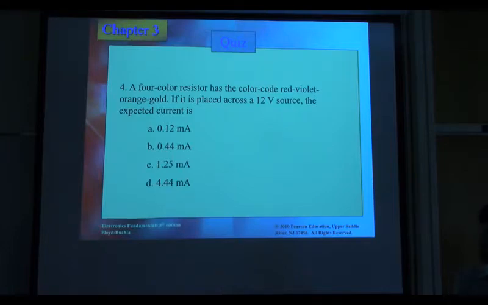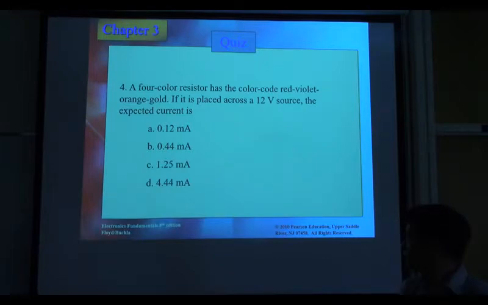So the resistance equals 27000, 27K. We are looking for current. We know the resistance, we know the voltage. So which form of Ohm's law should we use? The current equals voltage divided by the resistance.